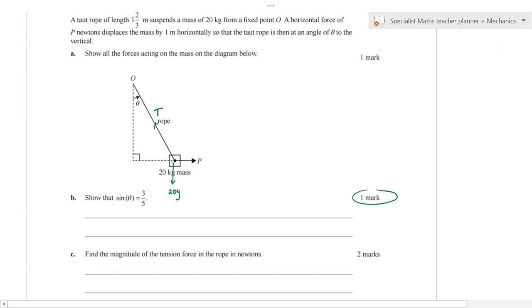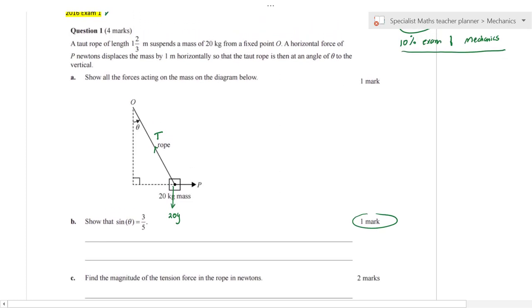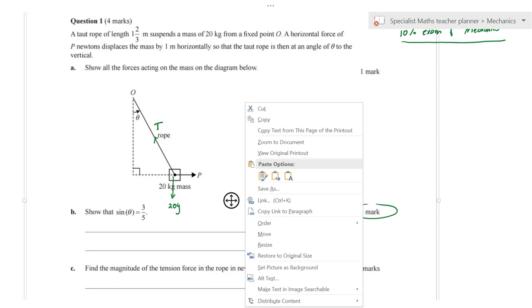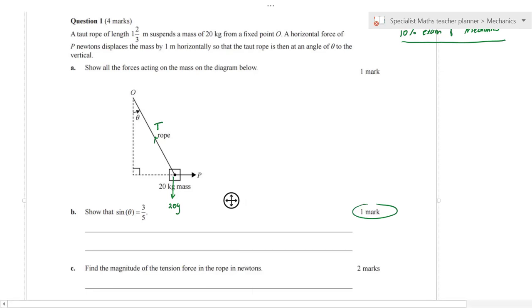Show that sine theta is equal to 3/5. We know it suspends the mass, which means it's in equilibrium. So we can draw P here, and then T there, and then 20g there, all head to tail.